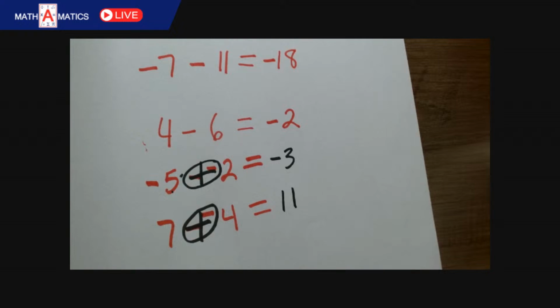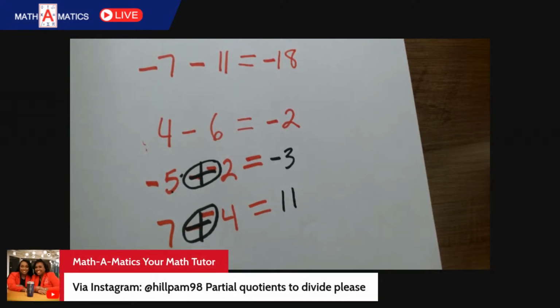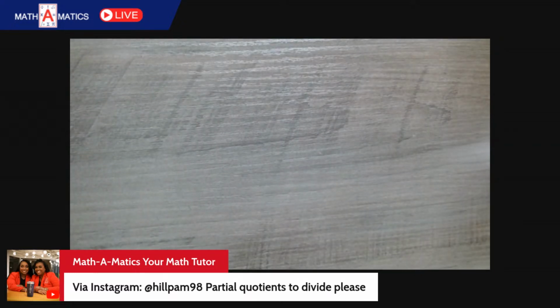I'm going to give them maybe one more minute. For my person with partial quotient, do you have a problem in mind? Or do you want me to just make something up? If not, I will make something up so that we could keep the party rolling.